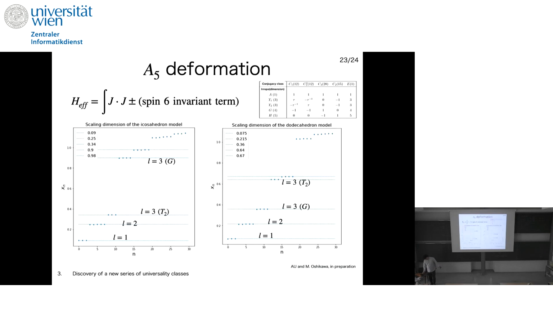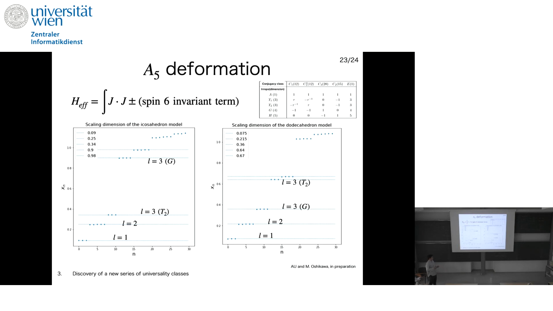So they have the same symmetry, and this A5 symmetry has a trivial representation only at spin 6.